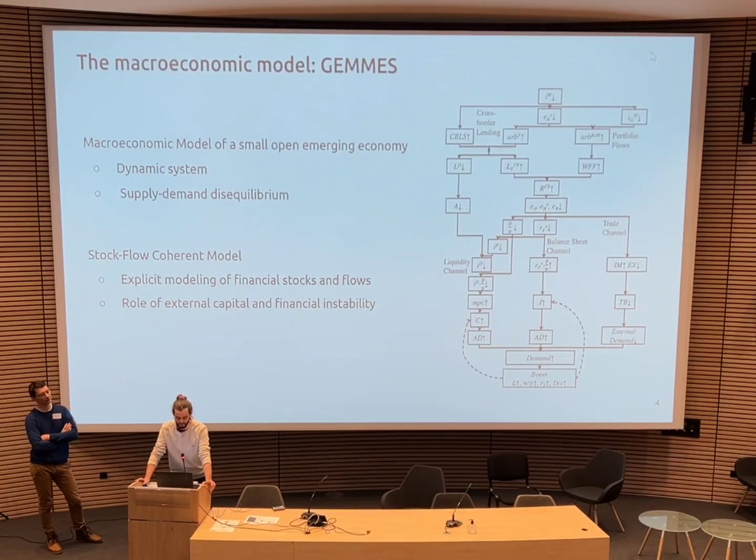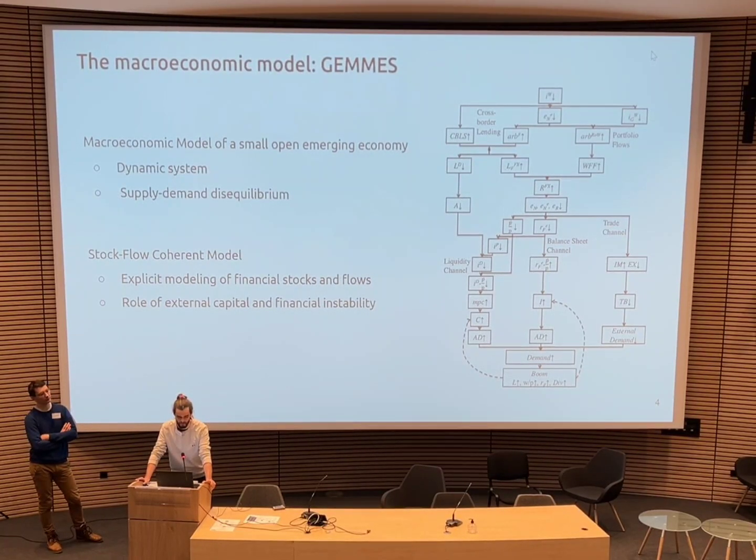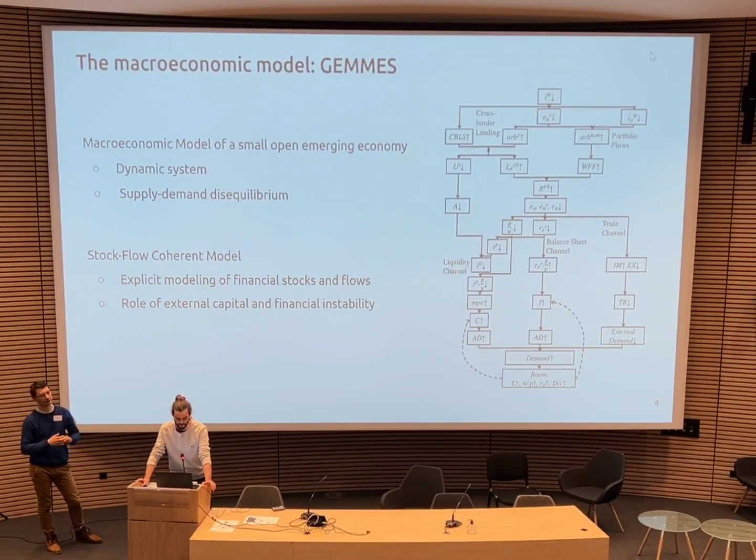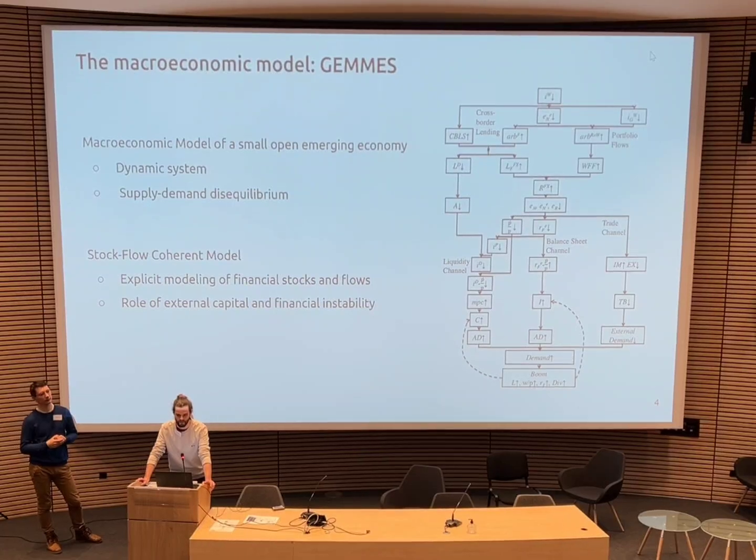The second important feature of the model is that it is stock flow coherent, which means that it's built upon a rigorous accounting framework where the stock of financial assets and liabilities of all economic agents are explicitly modeled, as well as the associated financial flows. This makes the model well suited to study issues related to financing of the energy transition and the risk it poses in terms of financial stability.